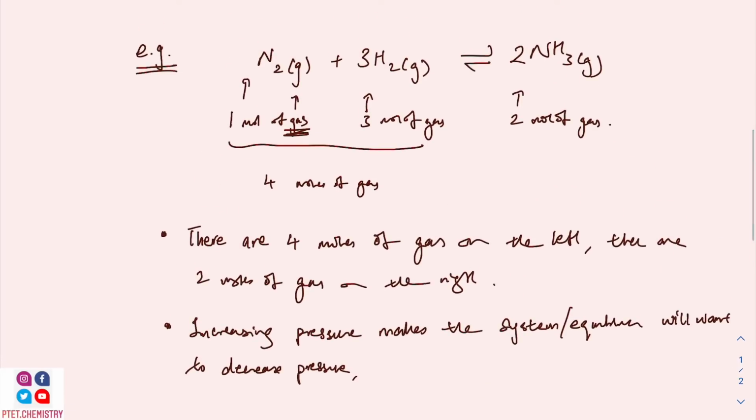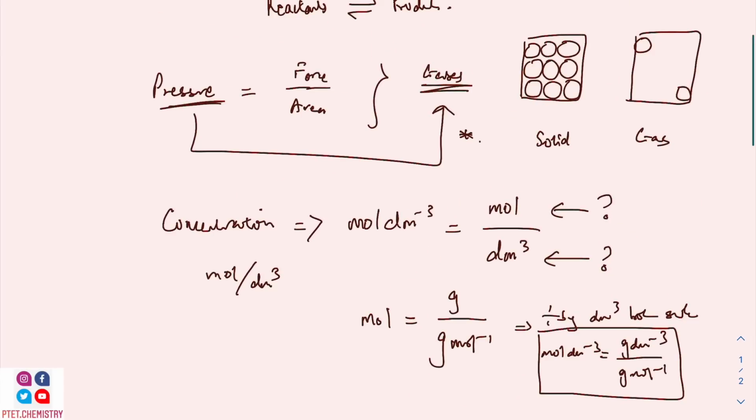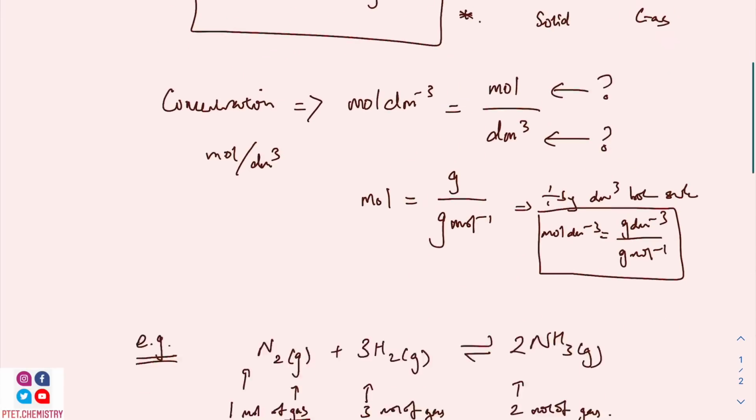The system has pressure as a result of the moles of gases on the left and on the right. How would the system decrease pressure? It can shift to the left or shift to the right, but I want to decrease pressure, so I'll shift to the side with fewer gaseous molecules, because fewer gaseous molecules mean less of these that exert force on the walls. That means lower pressure.